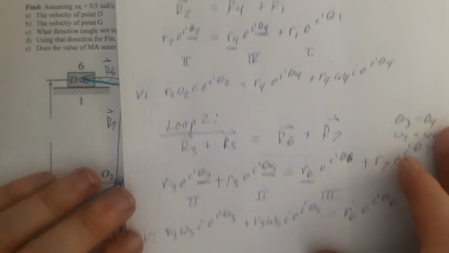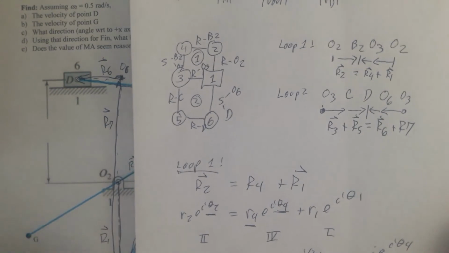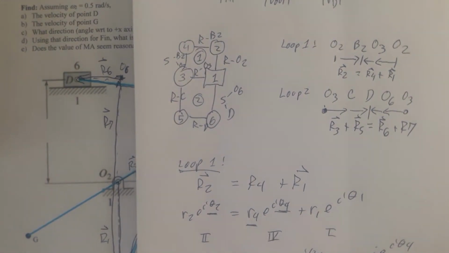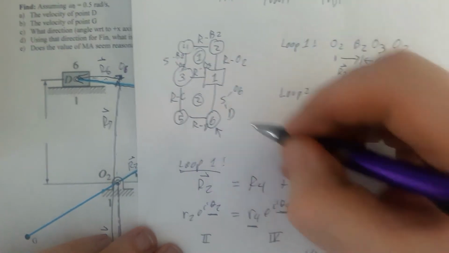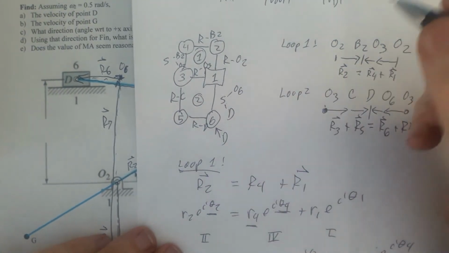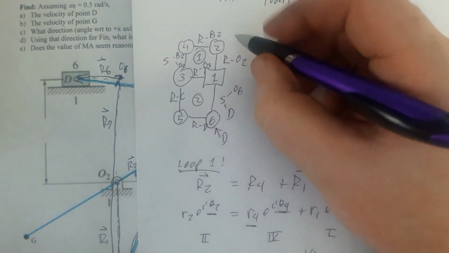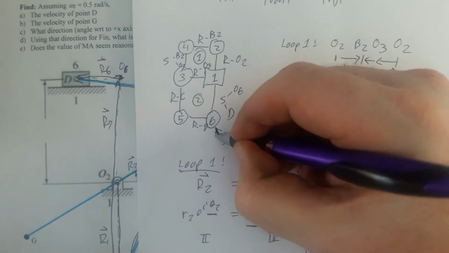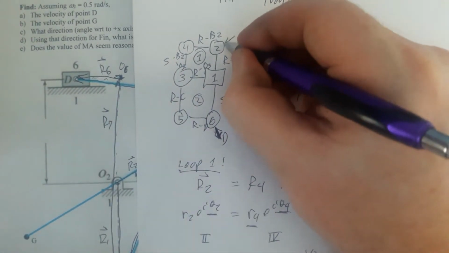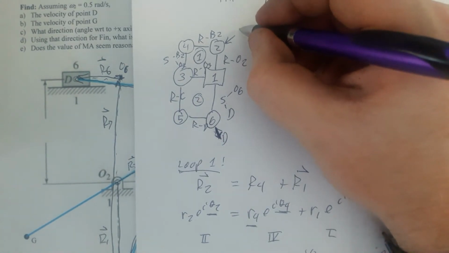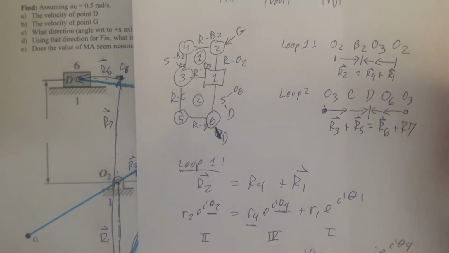Now, we want to think, since this is a mechanical advantage, not just strictly a velocity problem. We want to look, we've got our output here at D, sorry, have the arrow going the other way for an output. And we've got our input here at G. Okay, and that's on link 2.